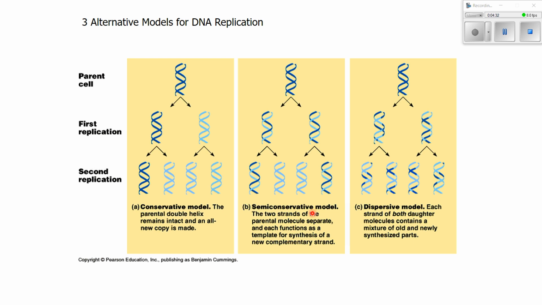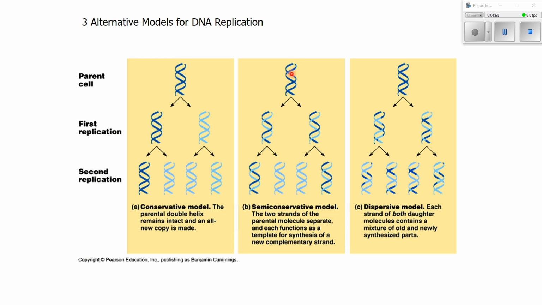The semi-conservative model, remember, this is the one that Watson and Crick were in favor of. They couldn't prove it, but this is what they thought really happened, that the two original strands of the DNA first have to separate. So you see there's a dark blue strand here and a dark blue strand here. Those are the two original strands of the molecule that we're copying.